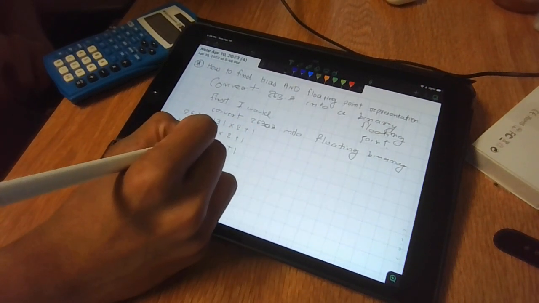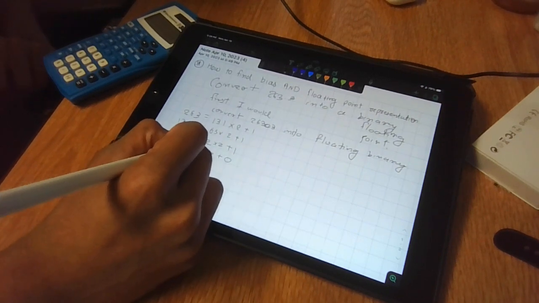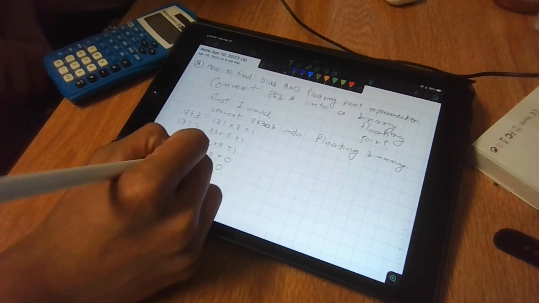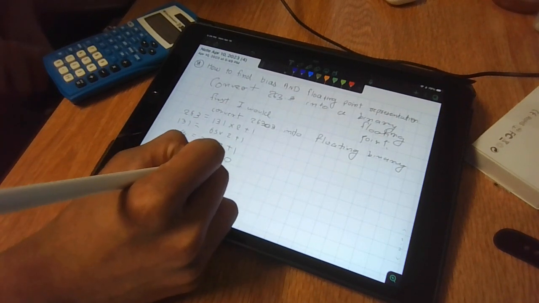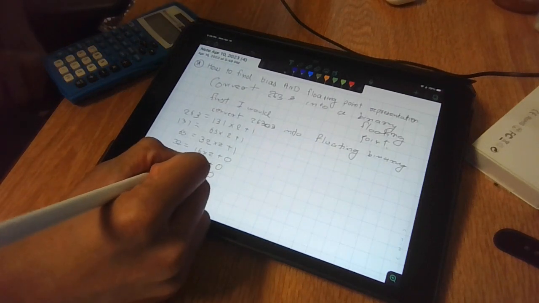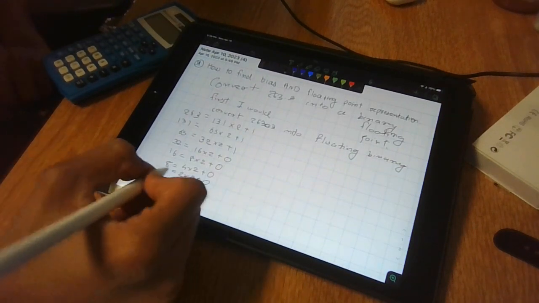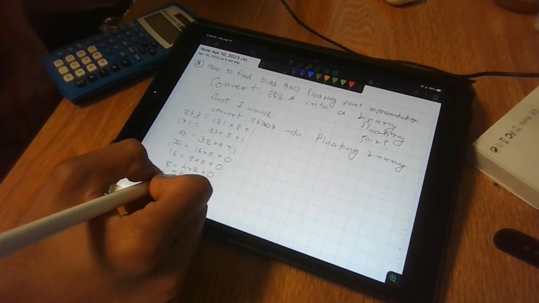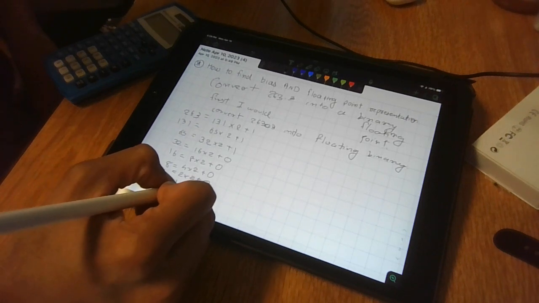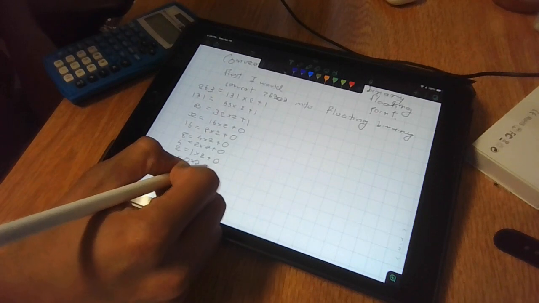Then you get 32 is equal to 16 times 2 plus 0. 16 is 8 times 2 plus 0. 8 is 4 times 2 plus 0 again. Then 4 is 2 times 2 plus 0. And then 2 is equal to 1 times 2 plus 0, and then 1 is 0 times 2 plus 1.